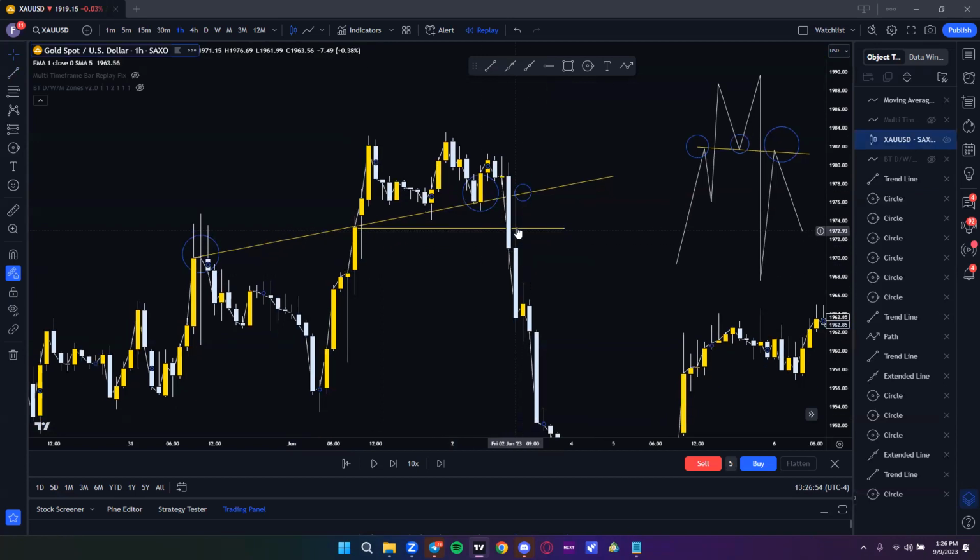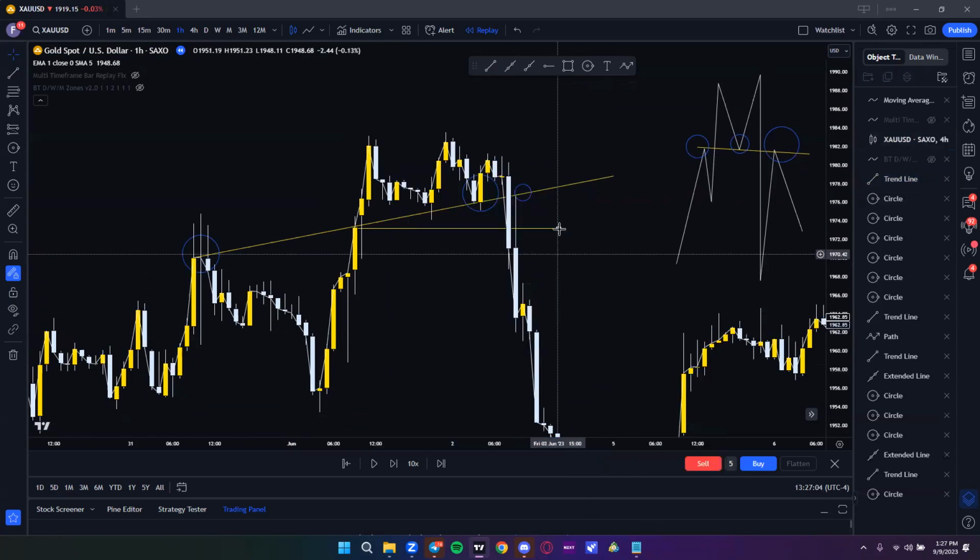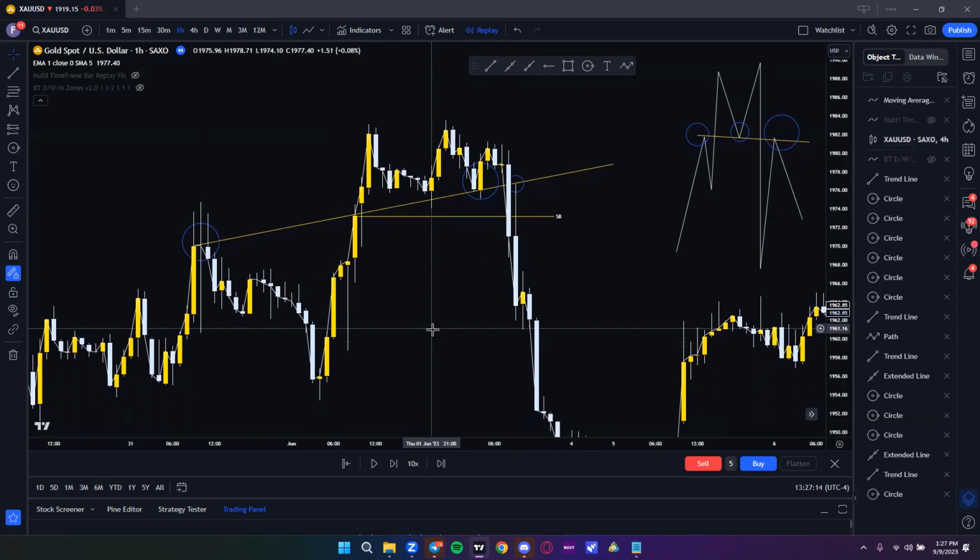So instead of taking the trade at this source break, you're actually taking it from this quick tap of the trend line. Clean. Okay, cool.